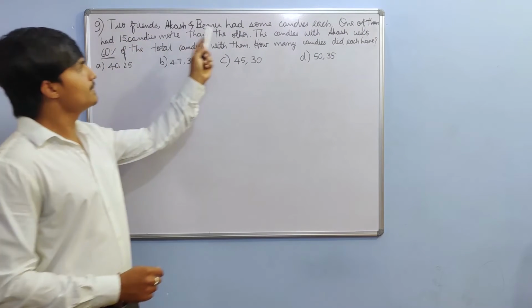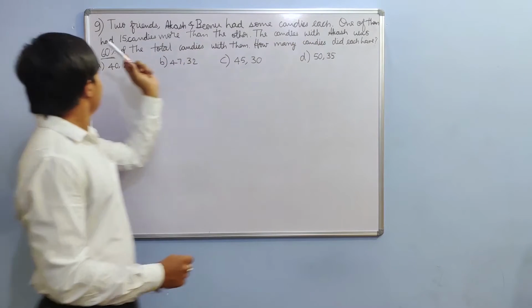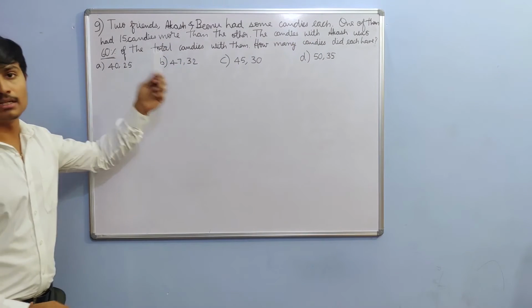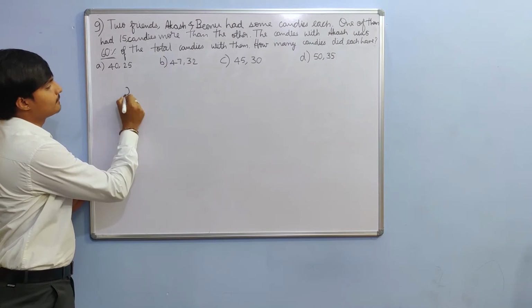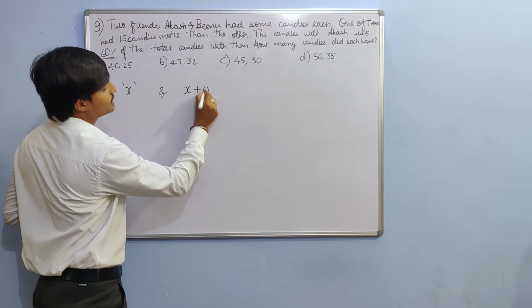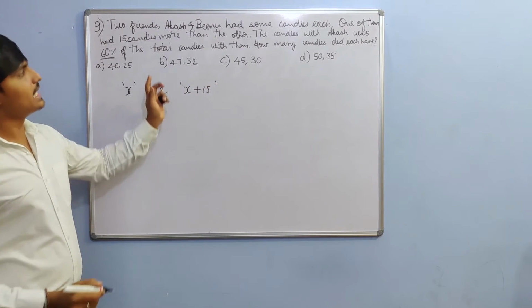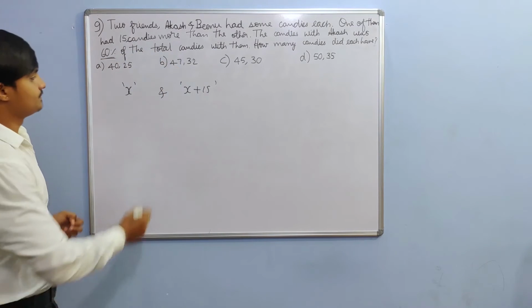Two friends, Akash and Binu, had some candies each. One of them had 15 candies more than the other. So let's assume the candies with them be x and x plus 15, since they have given one of them had 15 candies more than the other.